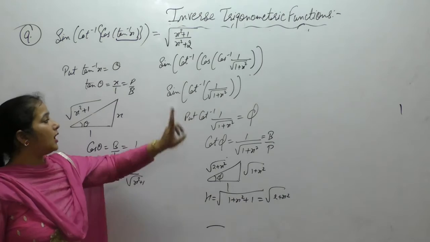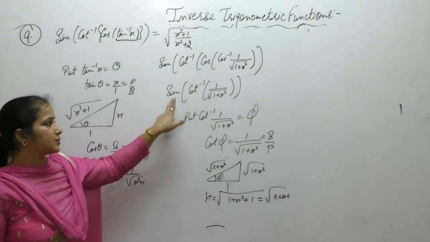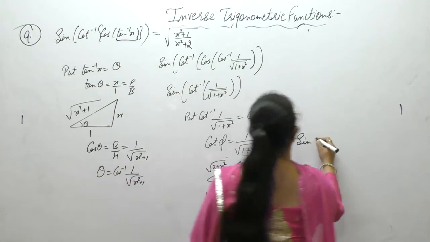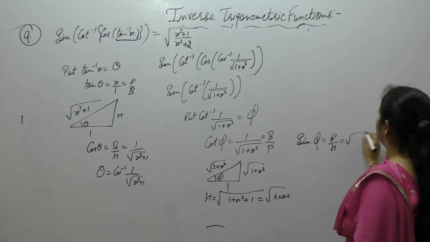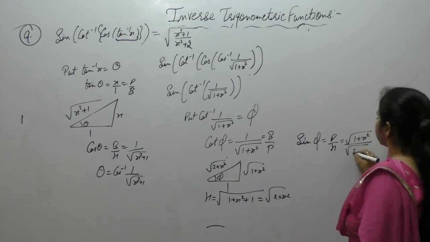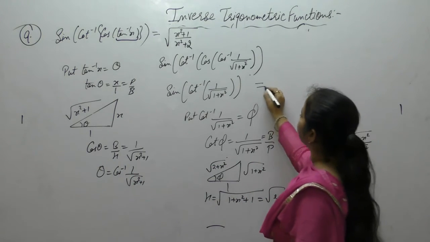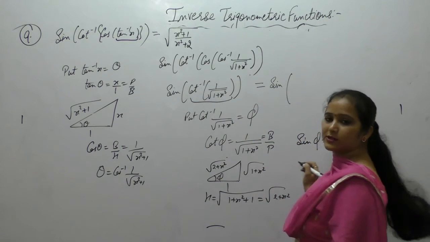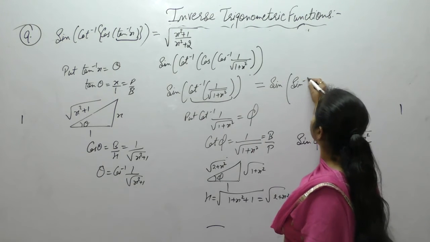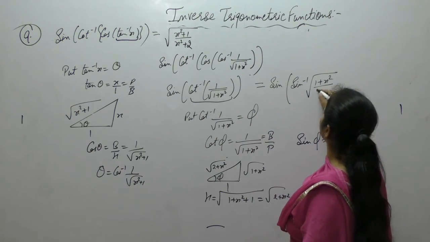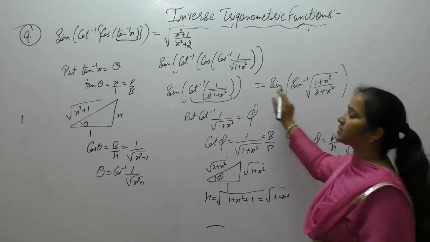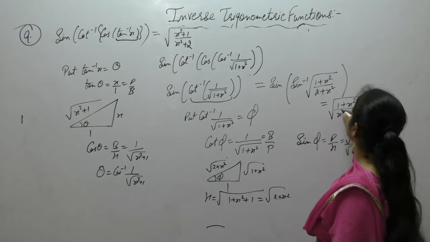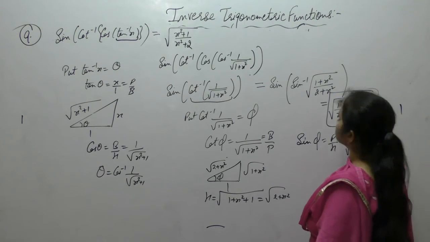Now this is cot and outside the function is sine, so we want the value of sine here. Sine is p upon h, perpendicular upon hypotenuse. So phi is also sine inverse root of 1 plus x square upon 2 plus x square. Now sine and sine inverse will get cancelled and we get the result as root of x square plus 1 upon x square plus 2.